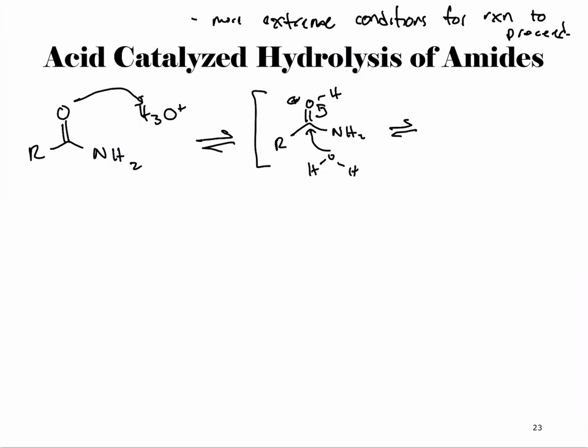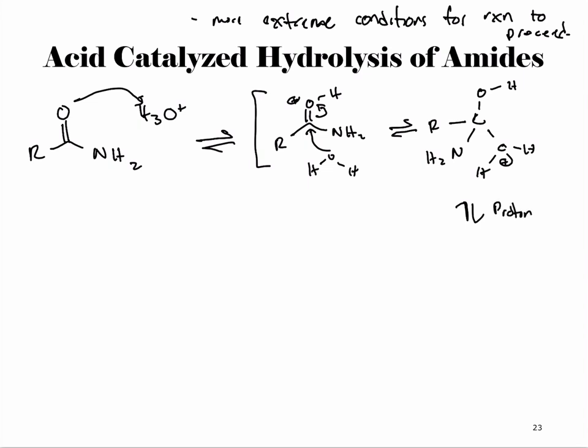And again, similar to esters, most of these steps are going to be reversible. So we get a tetrahedral intermediate with the carbonyl carbon, NH2, OH, and then an O with a positive charge, OH like that. Then we get proton transfer from the positively charged water bonded to the carbonyl compound.